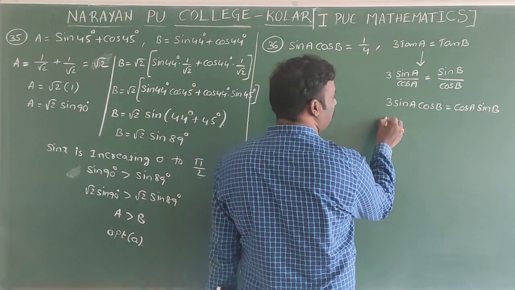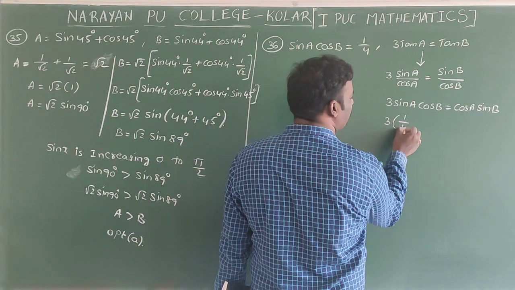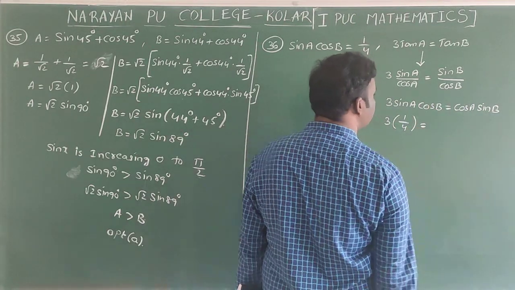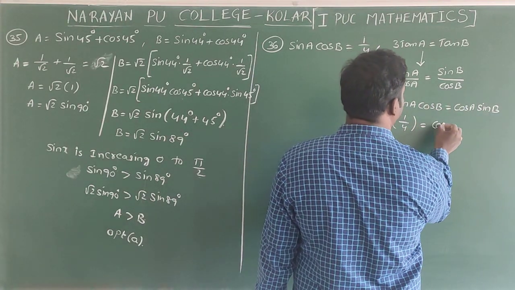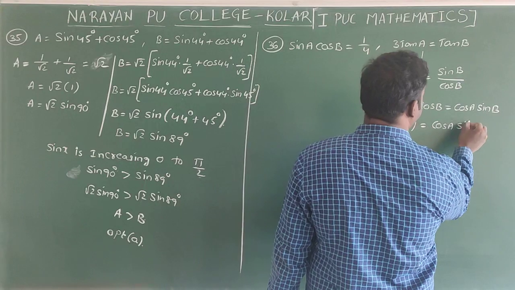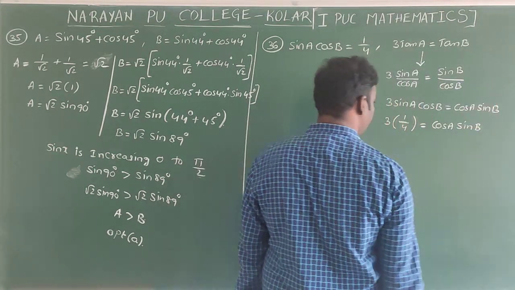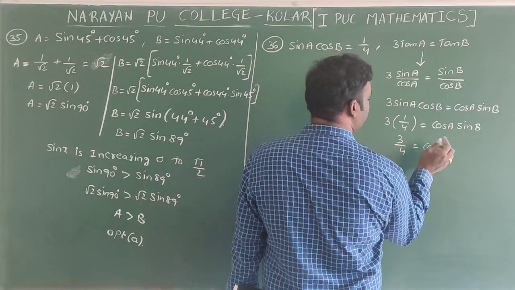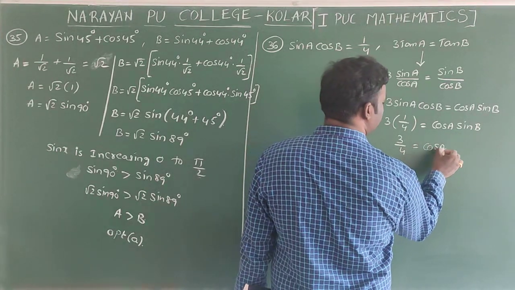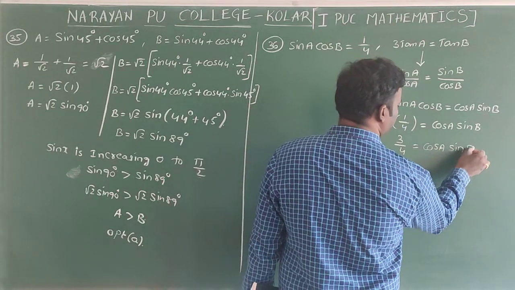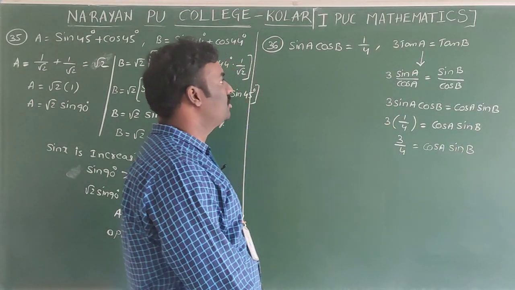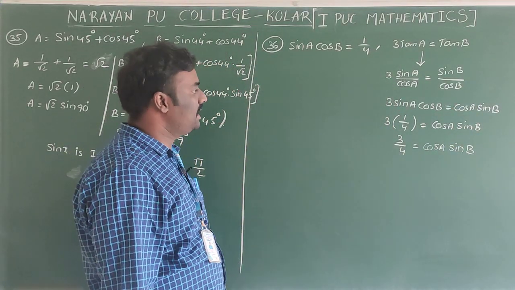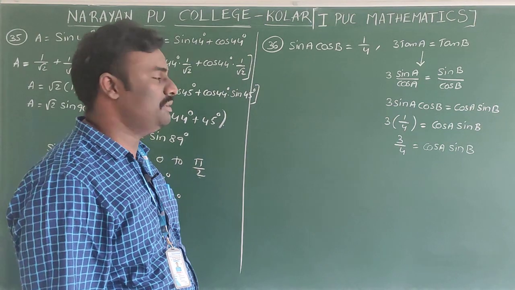Now substitute 3 into 1 by 4, that is nothing but cos A sin B. Now 3 by 4 is equal to cos A sin B. So finally we know sin A cos B value and cos A sin B value.